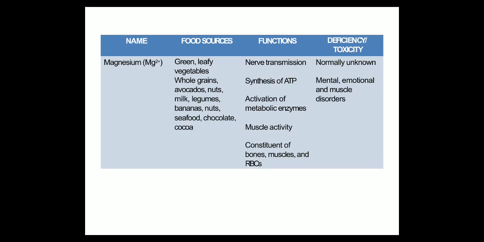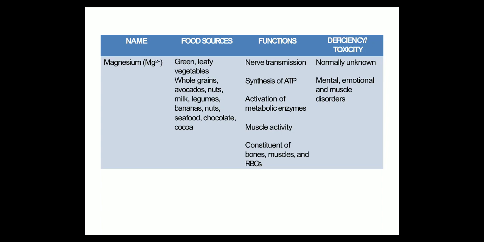Let's see another mineral, magnesium, abbreviated as Mg2+. Food sources from which we'll get magnesium are green leafy vegetables, whole grains, avocados, nuts, milk, legumes, bananas, seafood, chocolate, and cocoa.